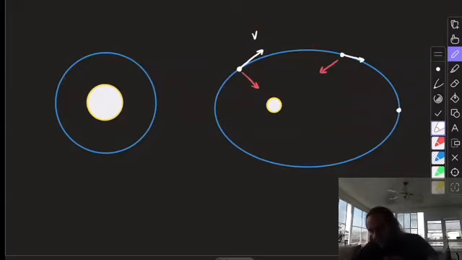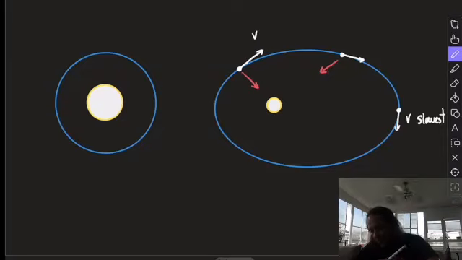When it's furthest away, its velocity is slowest. The force is the least because it's furthest away, so the force of gravity is also the smallest. And at this instant, all that force is doing is changing the direction of the object.